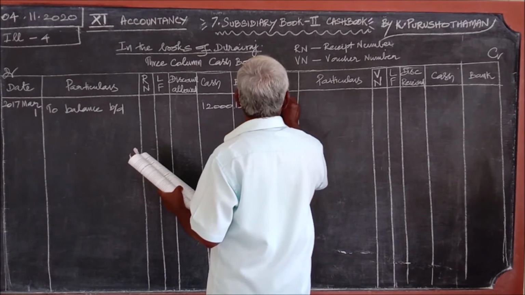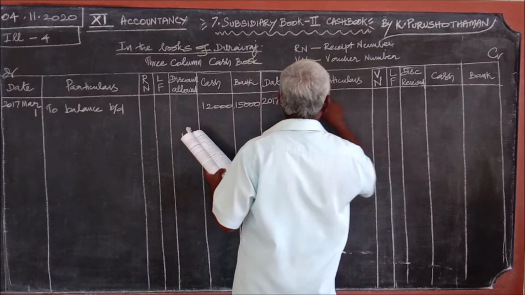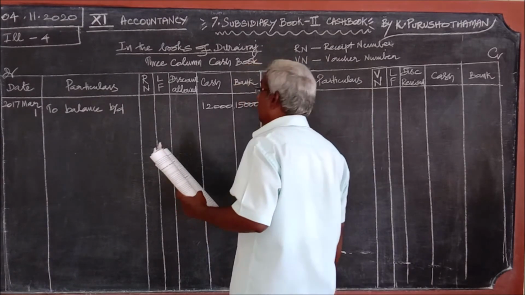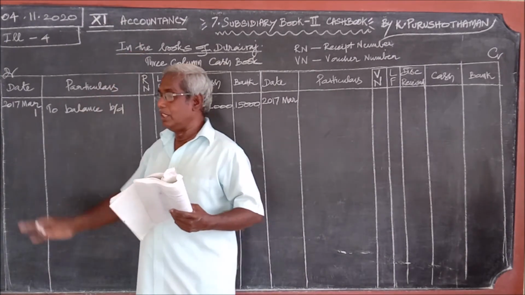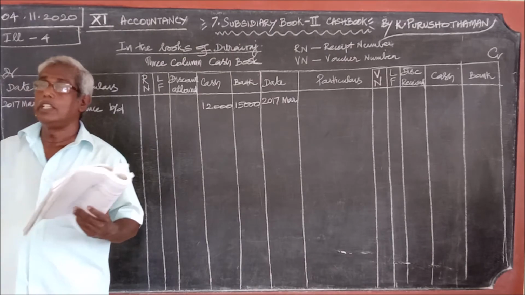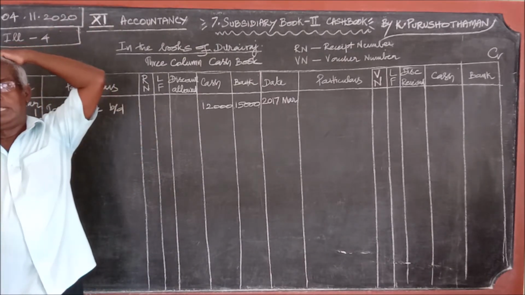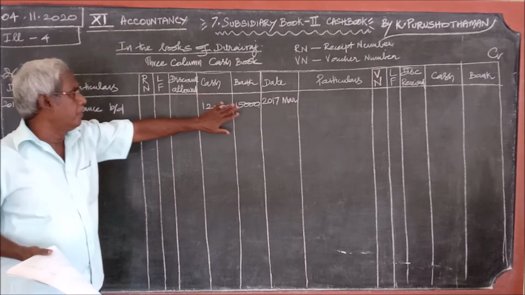Cash goes out. Therefore, what you will write in the cash column, you will write the amount. Here you will write by bank account. This is what we have done so far, both in single column cash book and double column cash book. That is not the treatment in 3-column cash book. Listen carefully. In single column and double column, there is no column for bank.